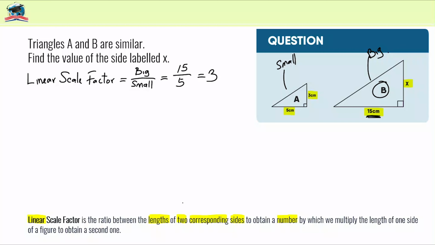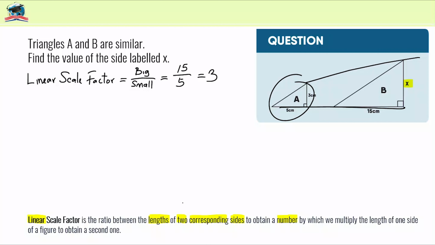Beautiful. Now the next step is we want to get the value of x. Okay, let's tidy up a bit. Good. Now our aim is to get the value of x, but we've got a scale factor. The scale factor is the number by which you multiply the length of one side to get the other. So we can see that there's a scaling up. From this smaller one, you've scaled up to this bigger one. So all we need to do is multiply by 3.